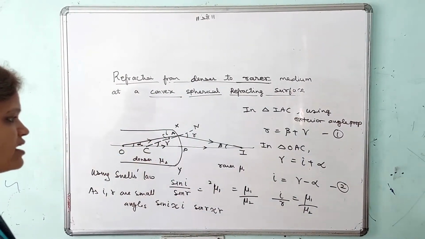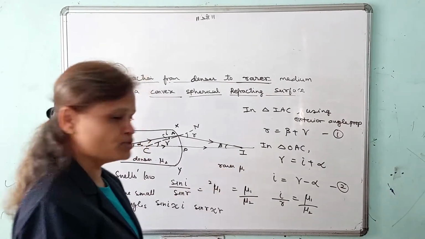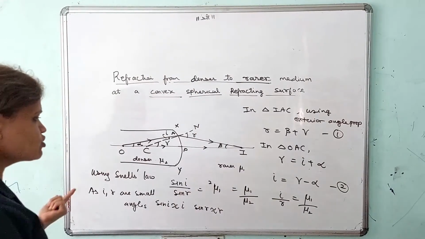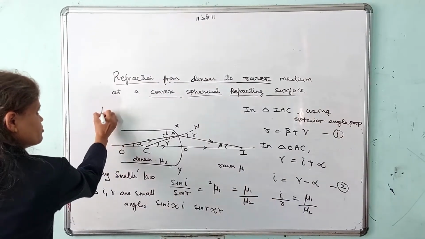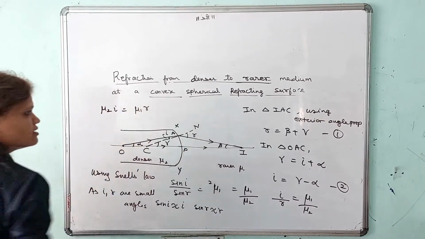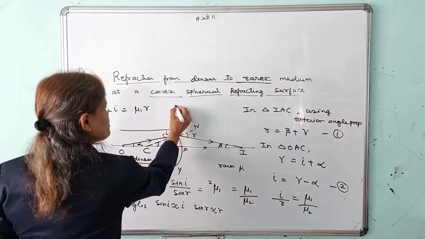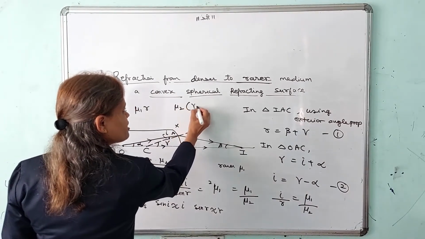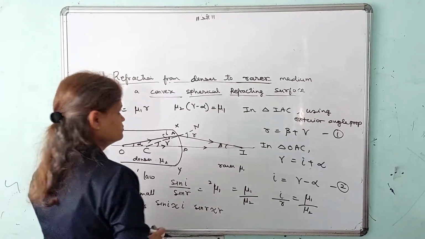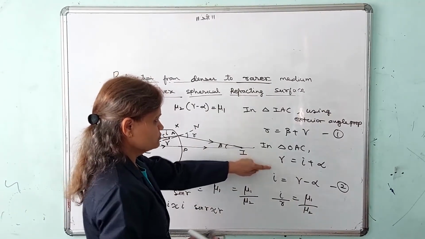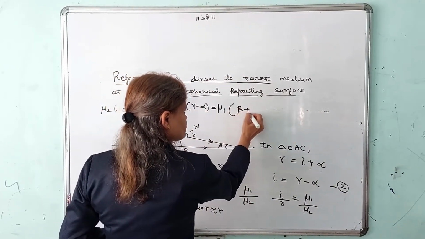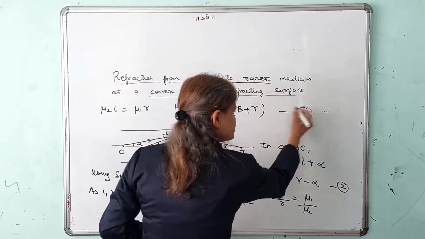So now we have i by r is mu1 by mu2. Then we are going to substitute this i and r here. First we'll cross multiply. So mu2 i equals mu1 r. That is mu2 times gamma minus alpha is equal to mu1 times beta plus gamma. This is our equation 3.